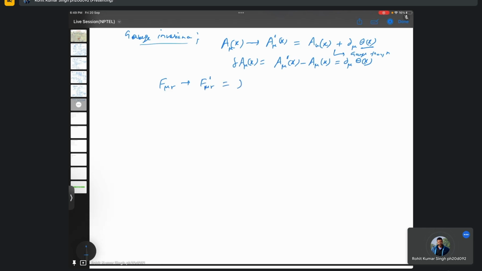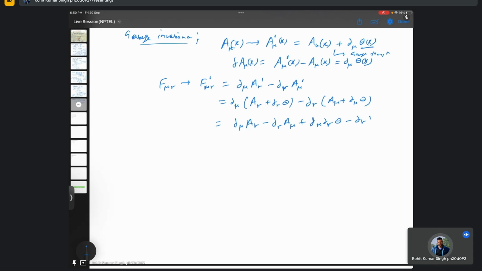So let's see. A_nu prime is A_nu plus del_nu theta, minus del_nu A_mu plus del_mu theta. Okay, so let's write them together: plus del_mu del_nu theta minus del_nu del_mu theta.